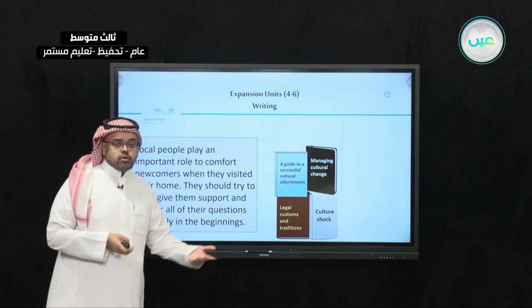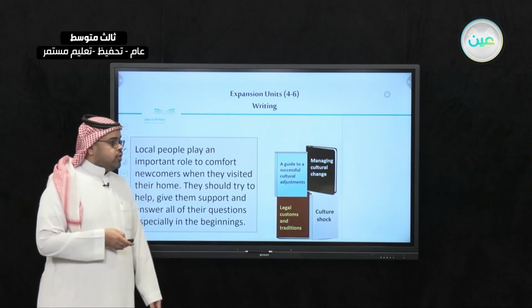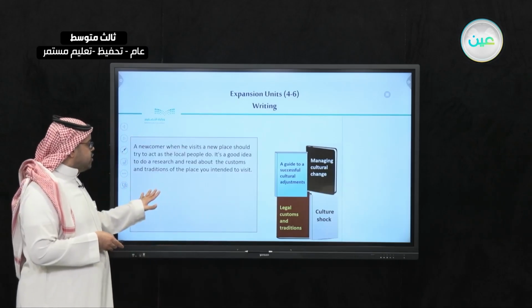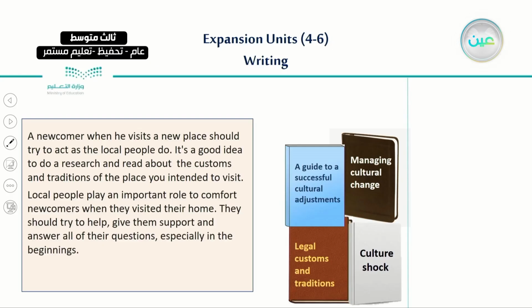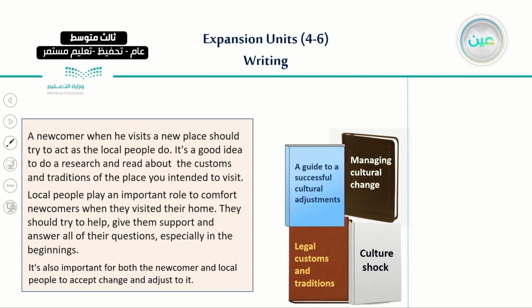So now I have gathered the first advice about a newcomer and also the second one, and I concluded my writing with one sentence. As we said, this is a general statement that could fit all of my writing, which is that it is also important for both the newcomer and the local people to accept change and adjust to it.